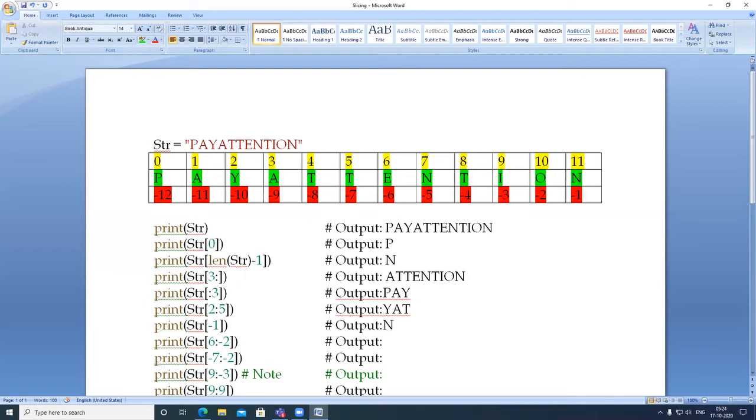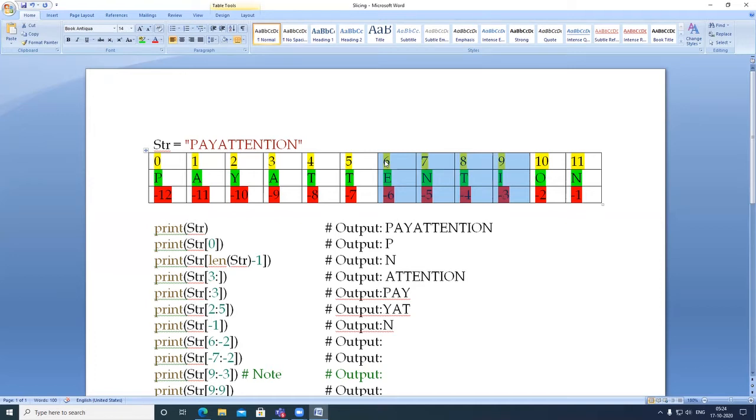See here, they are trying to give positive to negative. They are trying to move forward. 6 is on the upper side and minus 2 is on the lower side. If it is minus 2 now, you are supposed to go till minus 3.